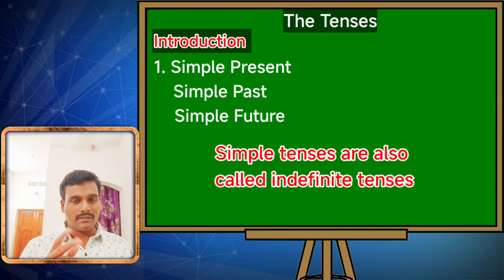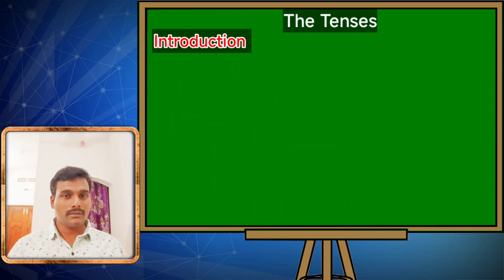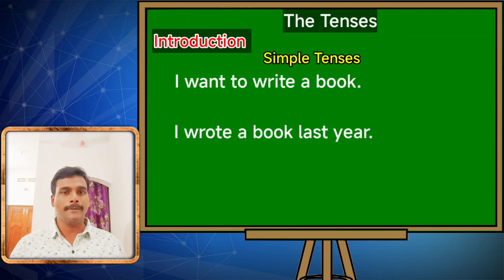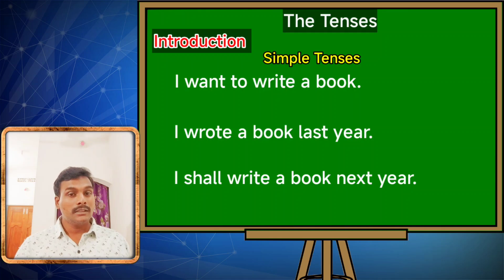Don't worry, I will simplify it for you. If you see examples for these 3 tenses: I want to write a book. I wrote a book last year. I shall write a book next year. If you see these 3 sentences, I want to write a book.